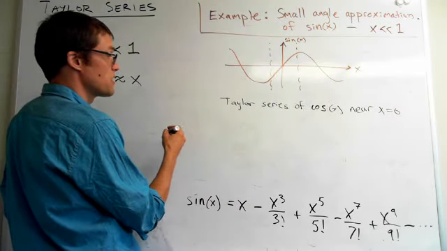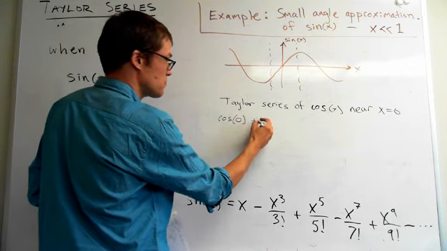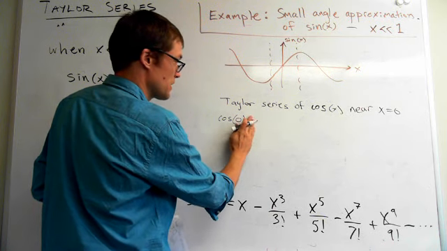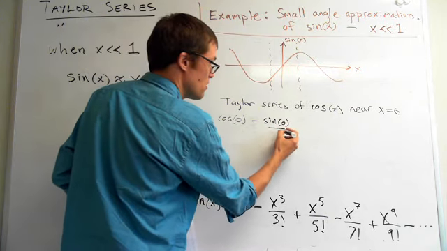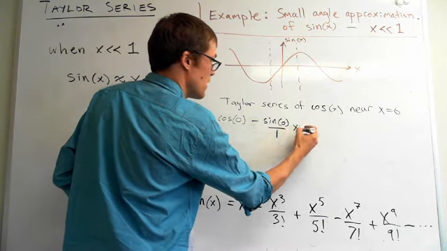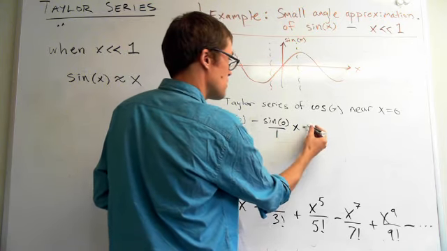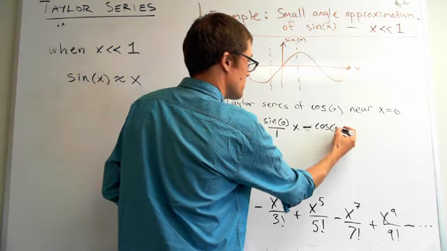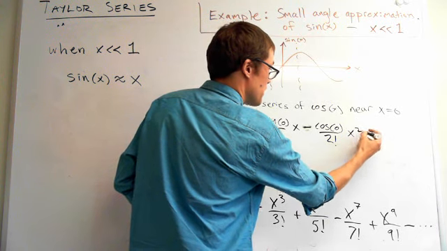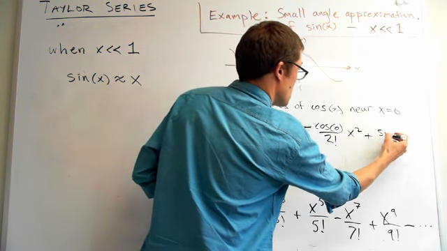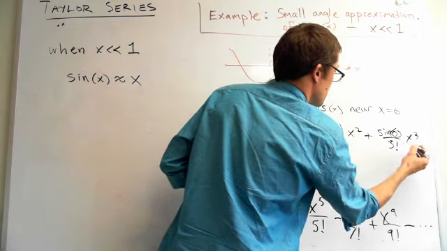So that thing is going to be equal to cosine of 0 plus, actually we're taking the derivatives. The first derivative is minus sine evaluated at 0 over 1 times x plus, minus cosine of 0 over 2 factorial times x squared plus sine of 0 over 3 factorial x cubed plus dot dot dot.